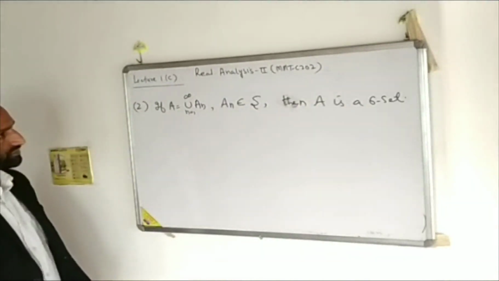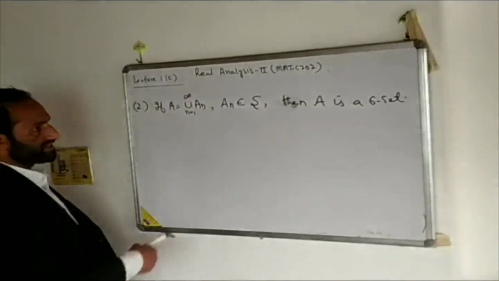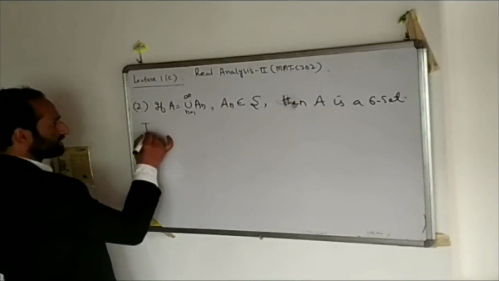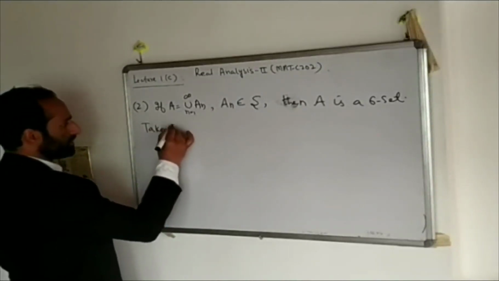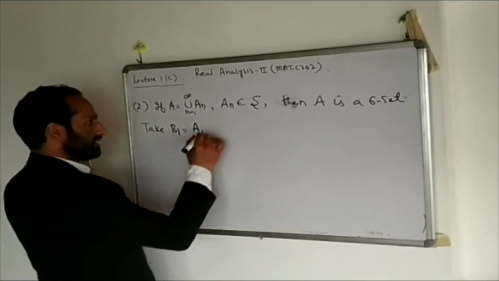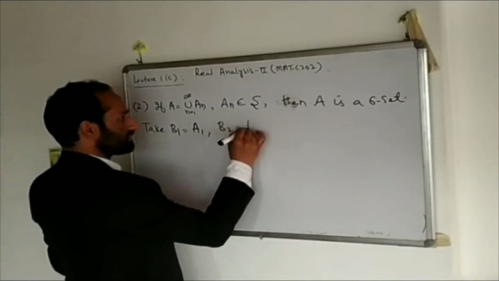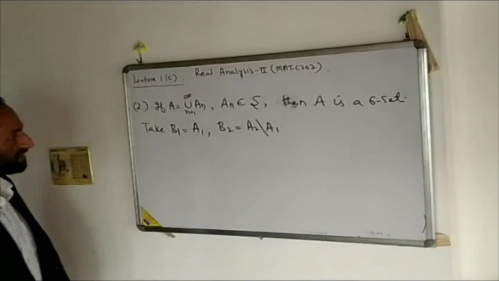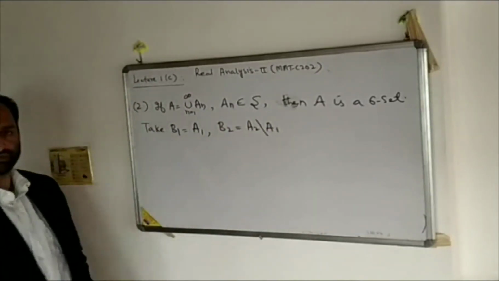So how do we do that? We construct a new sequence. Take B1 equal to A1, and take B2 equal to A2 minus A1. These B1 and B2 are disjoint, while A1 and A2 may not be disjoint.